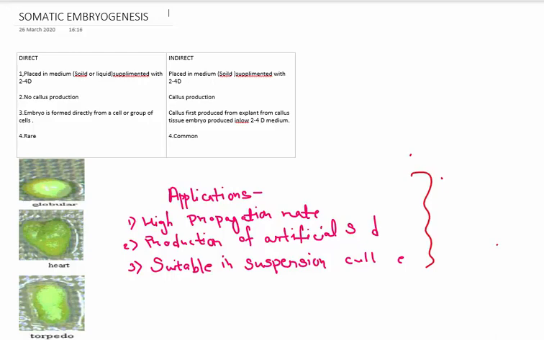And the stages, then from a single cell there is a group of cells formed, two cells, then the four cell, then the octant stage, then the globular embryo, and the heart stage embryo, and then the torpedo stage, and give rise to the somatic embryo. So this is the sequential stages of the somatic embryo development.